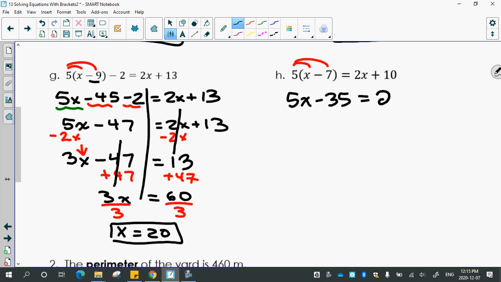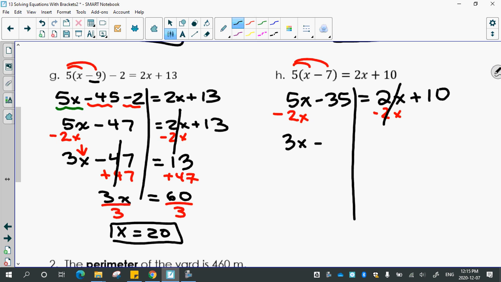Okay, so tons of people had this. It's awesome. Okay, so there's your first mark. Expanded correctly. Okay, then you notice that your x's are on opposite sides of the wall. Create a 0 pair in order to get them on the same side. 5x take away 2x is 3x. Now you've got your x in one spot.